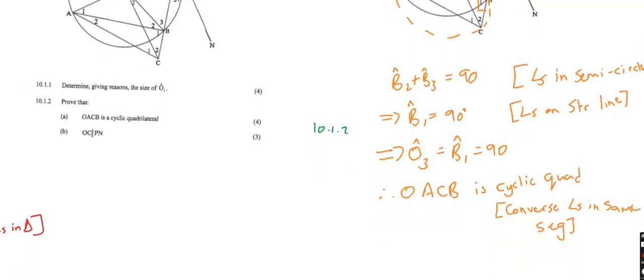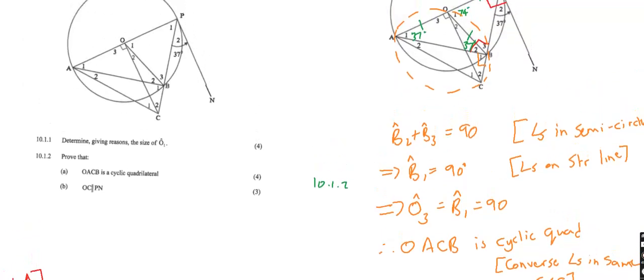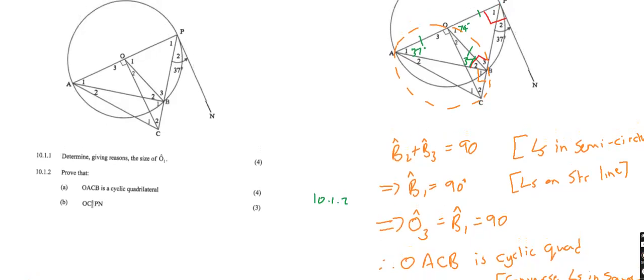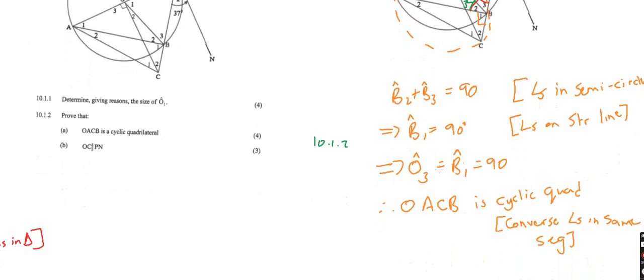Go back and make sure you re-watch this part until you understand what we are talking about. Slow it down if you have to. And then OC, we have to prove that OC is parallel to PN. There are 3 ways for now that we can use to prove parallel lines. If I have angles that are in the Z fashion and I prove that they are equal to each other, then it means the lines are parallel.